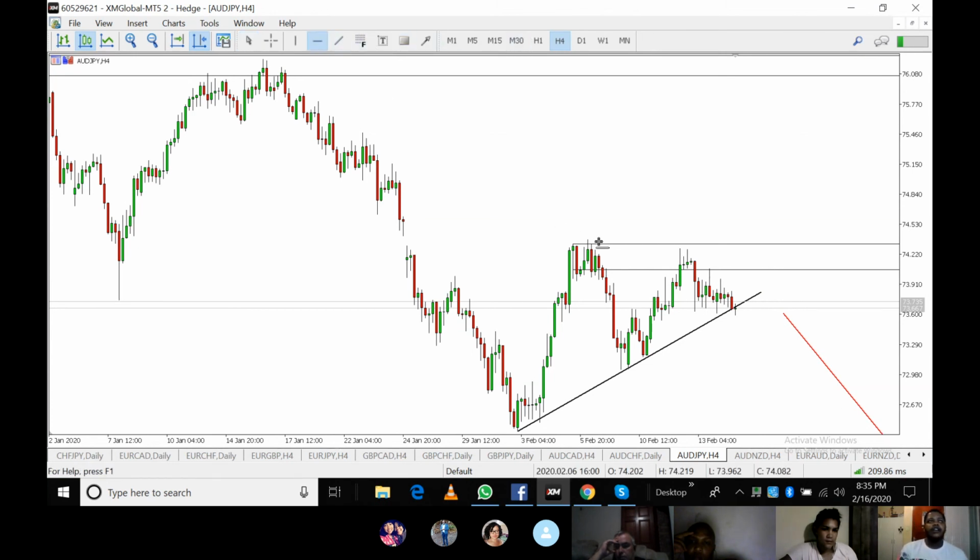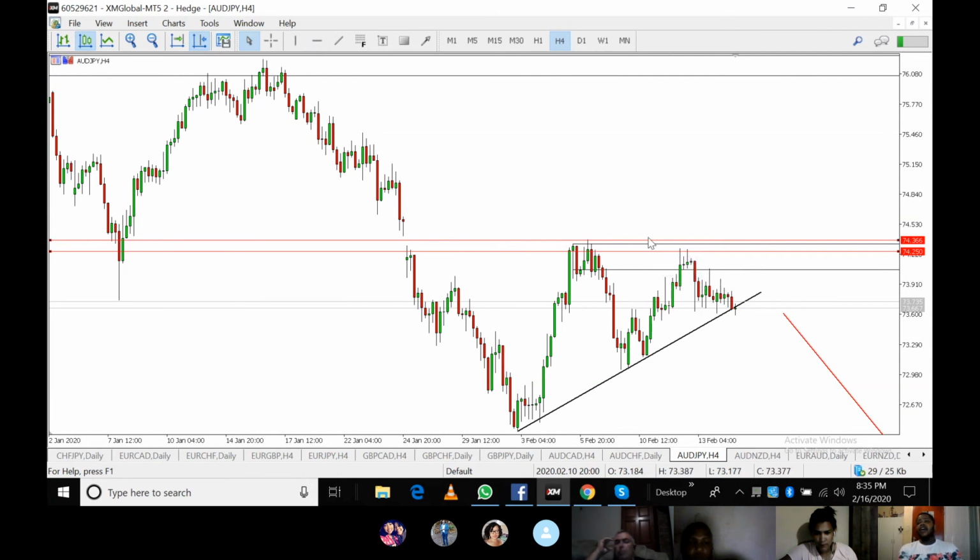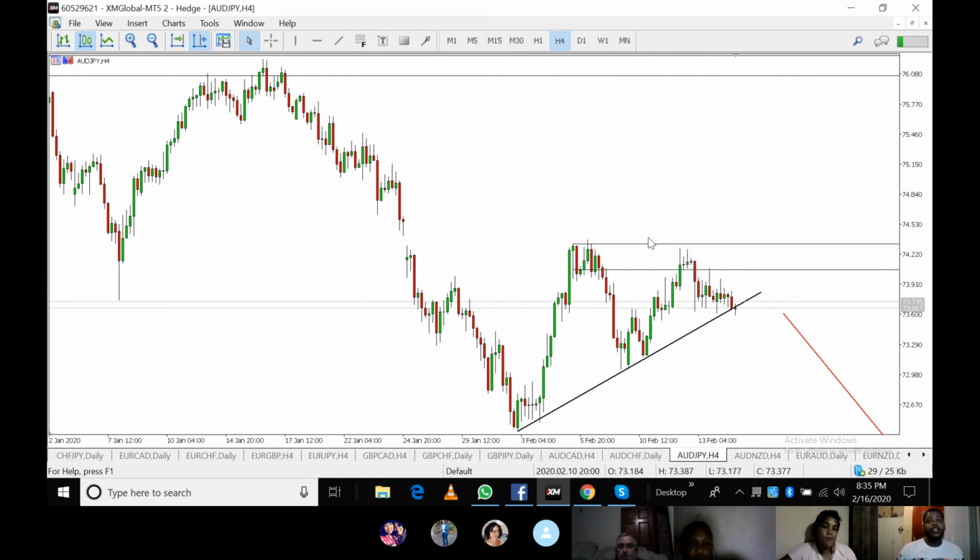If you look at it this way, that is a high, right? And then this is the next high. So you can almost say that we are getting lower highs, and according to the rules, we know that lower highs are indicative of a fall in the market.